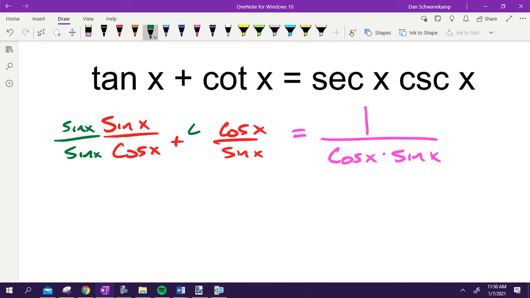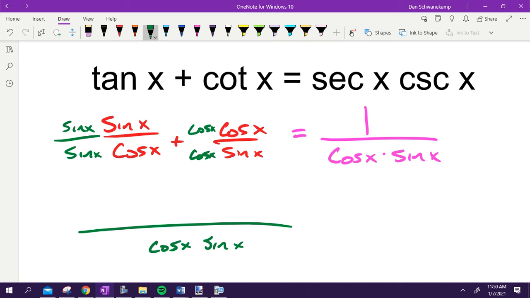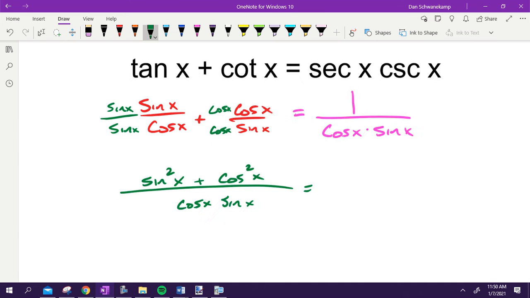This guy needs a cosine on top and bottom to match that denominator. So my new denominator is going to be cosine x, sine x. Ooh, that looks good. Yeah, we like that. Sine times sine, sine squared. Cosine times cosine is cosine squared. Now what?